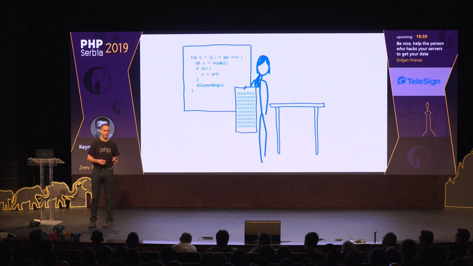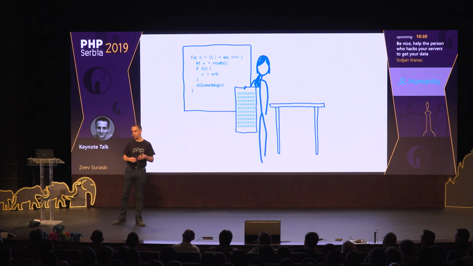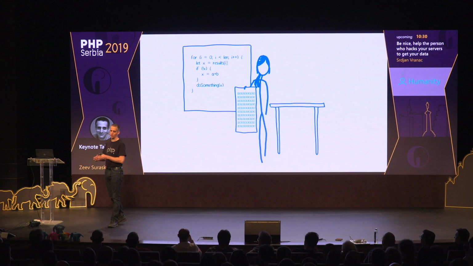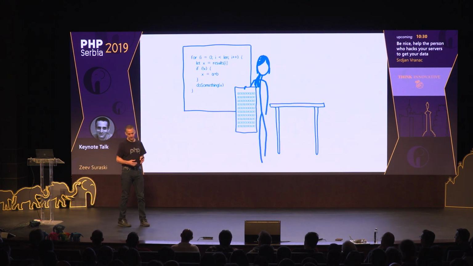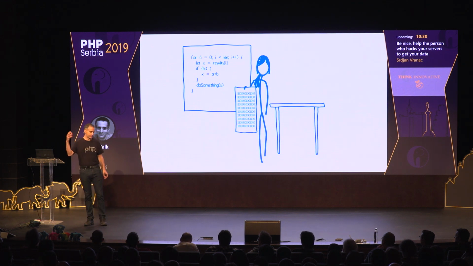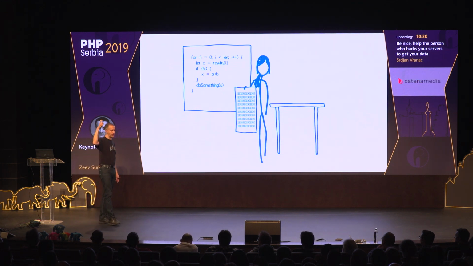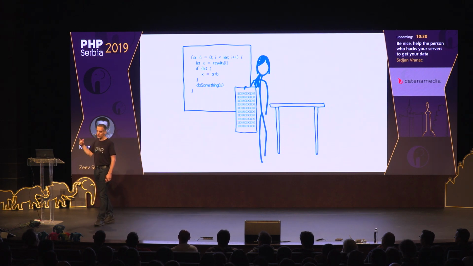What JIT does is take the intermediate code, and the parts of it which are detected as executed frequently are actually translated all the way down to machine code, to assembly. And that can improve performance quite a bit, depending on the workload. Instead of having the interpreter, some sort of a program running in memory, interpret the intermediate code line by line, you actually translate it all the way down to machine code that you can just send to the CPU and execute directly.